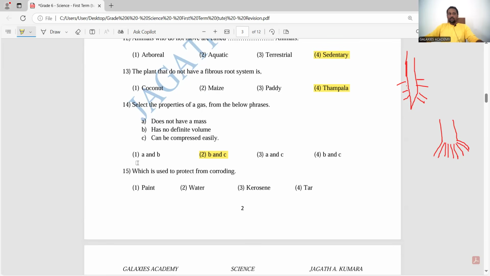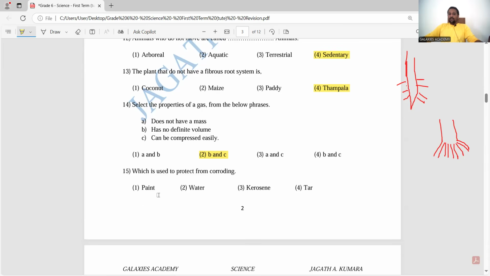And also the surface becomes rough, right? Features like that you can see. It is known as corroding, right?